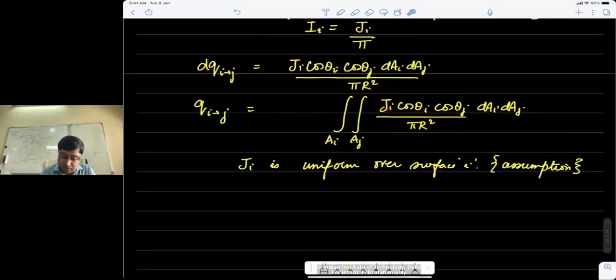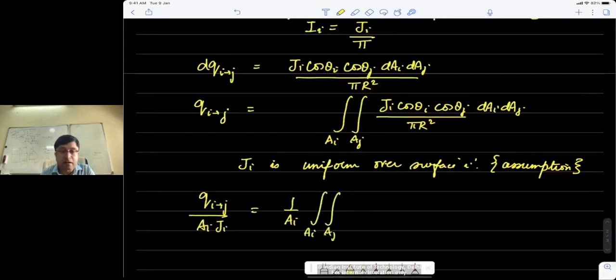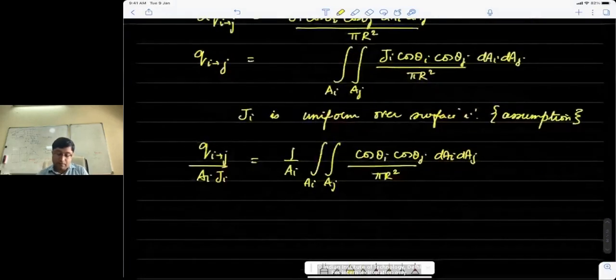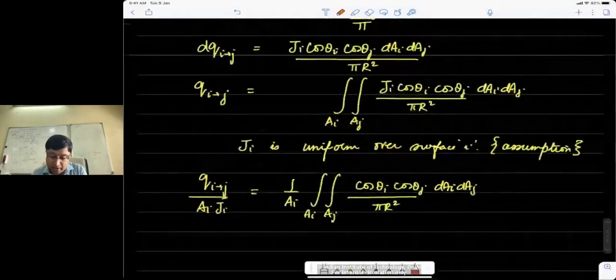So I can pull it out, and then I can write qij as Ai Ji times 1 by Ai integral over Ai and Aj of cosine theta i cosine theta j by pi r square dAi dAj. If you remember, I said earlier that we want to write qij as Ai Ji into Fij, so this should then be equal to Fij.